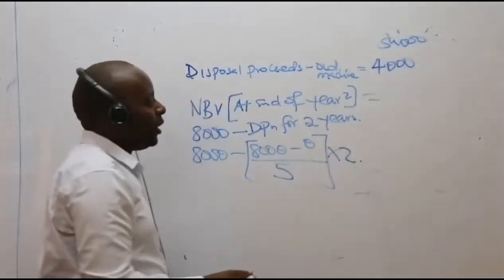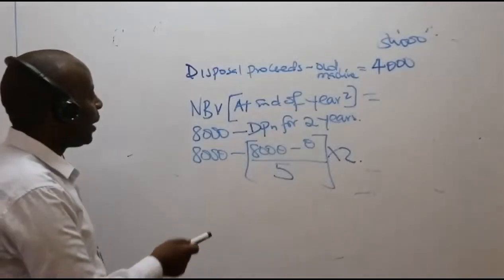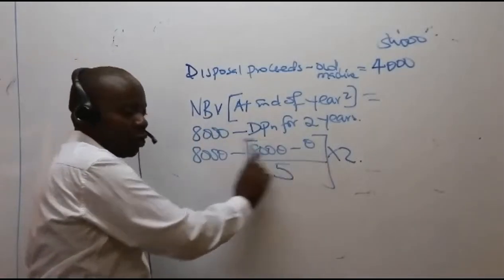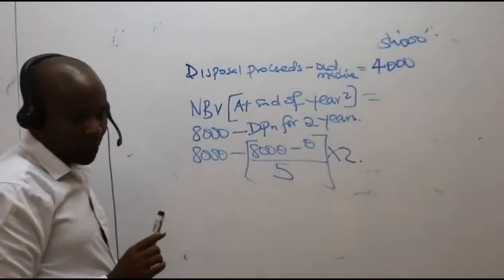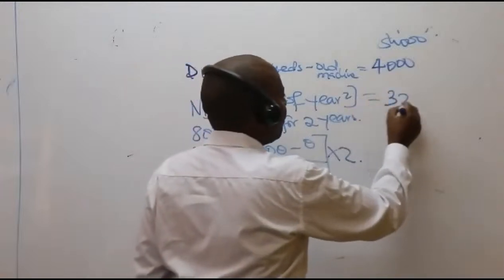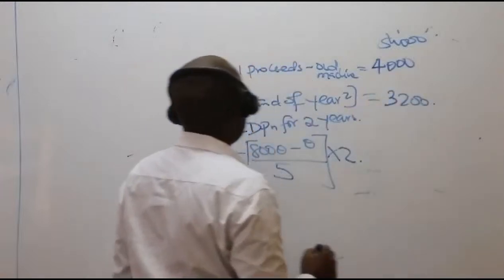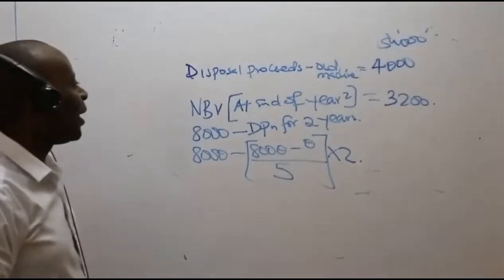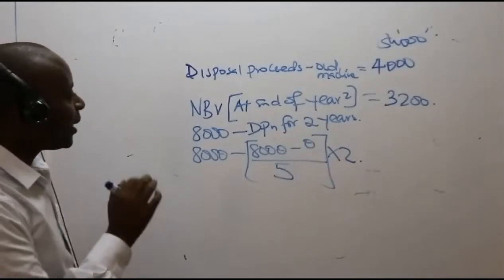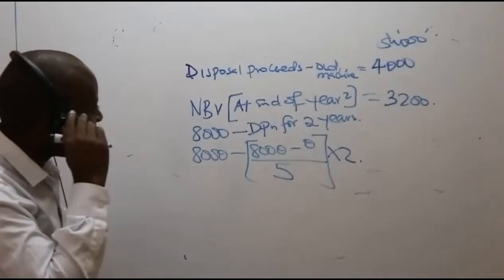Is there anybody who is able to give me the net book value of this particular old asset at the end of year 2? Olivia tells me it is 3,200.